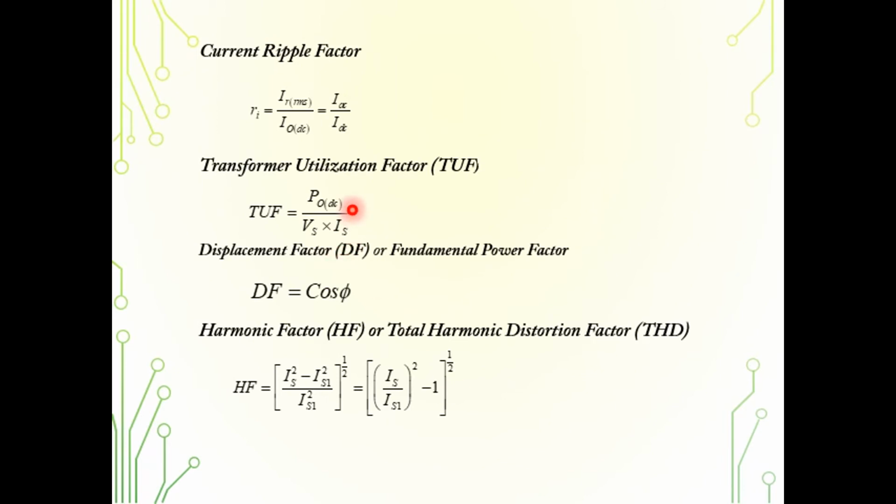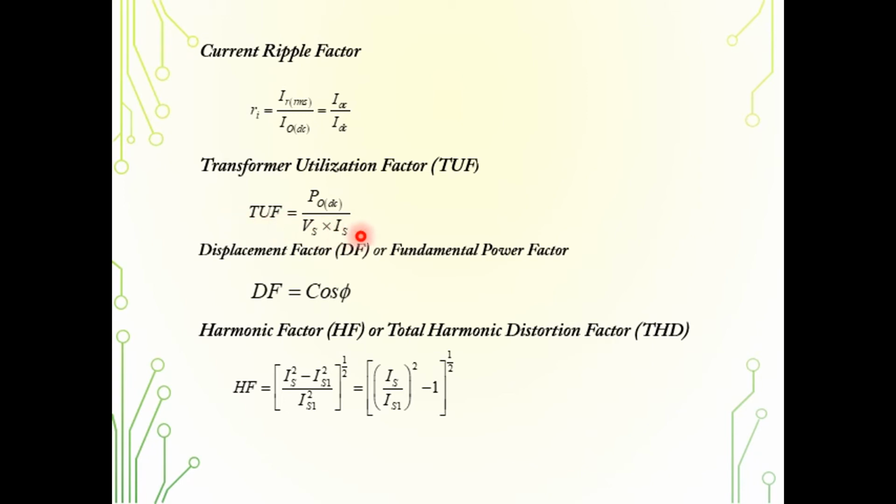Next, the ripple factor for the current is given by the RMS value of the current divided by the average value of the current. Next comes the transformer utilization factor. These performance parameters were already discussed for diode rectifiers, but they are applicable to controlled rectifiers as well.